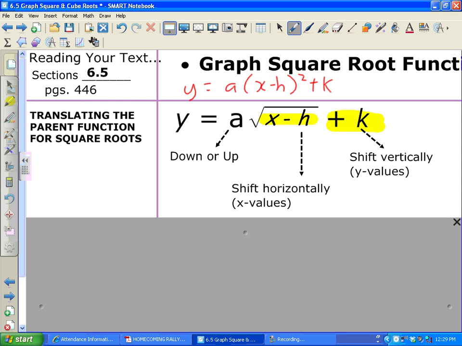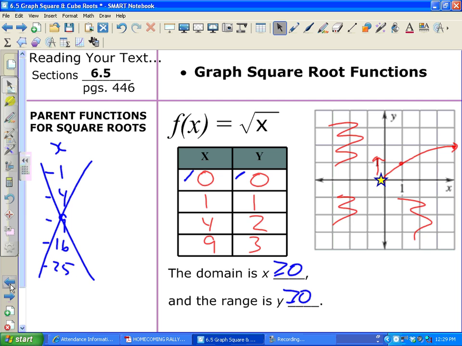The exact same thing happens here. The a value tells us if that's going to go up or down. The opposite x is going to talk about the x value, and the same y is going to be talking about the y value. In other words, where the star will be, opposite x, same y.